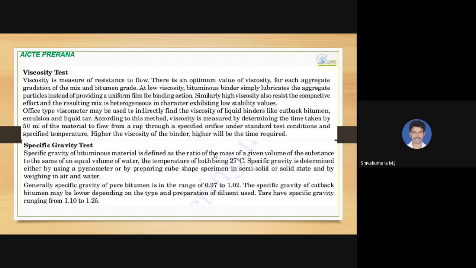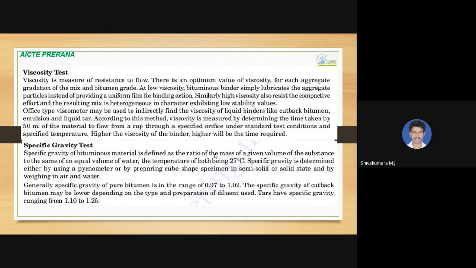According to this method, viscosity is measured by determining the time taken for 50 ml of material to flow from a cup through a specified orifice under standard test conditions and the specified temperature. The higher the viscosity of the binder, the higher the time taken to flow through the specified orifice.